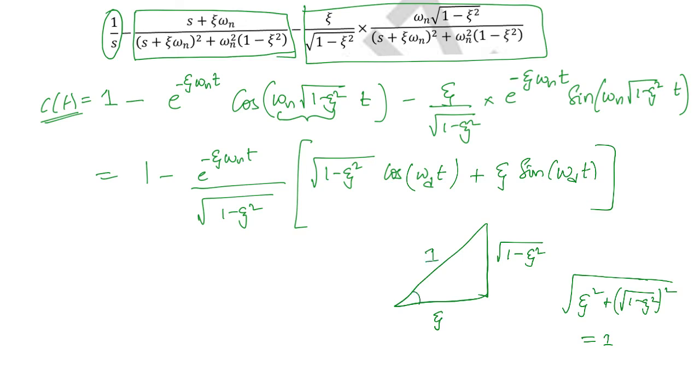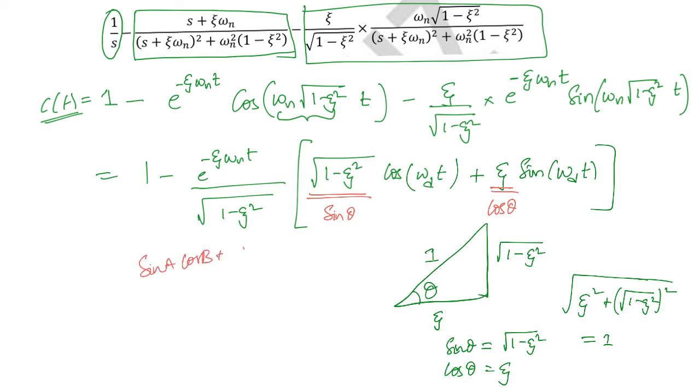If you take this angle to be theta, then sine theta will be equal to root over 1 minus zeta square and cos theta will be equal to zeta. So root over 1 minus zeta square we can replace by sine theta, and zeta by cos theta. Now you have the form sine A cos B plus cos A sine B.